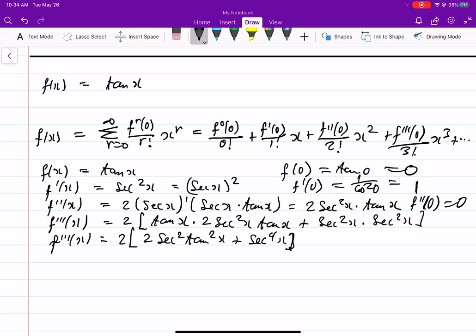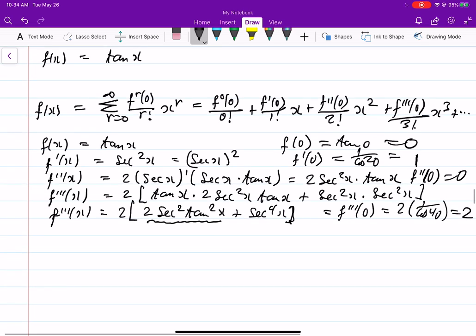And in the triple prime, this part will go to 0 because of the tan. So f triple prime of 0 is 2 times 1 upon cos to the 4th power of 0, which is just 2 times 1, or 2. So the numbers are 0, 1, 0, 2.